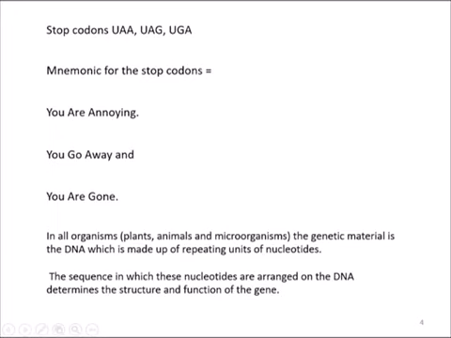In all organisms, that is plants, animals, and microorganisms, not just microorganisms alone, genetic material is DNA, which is made up of repeating units of nucleotides.